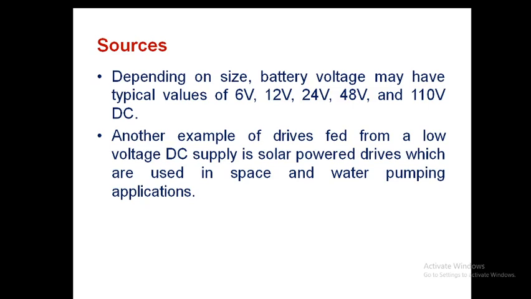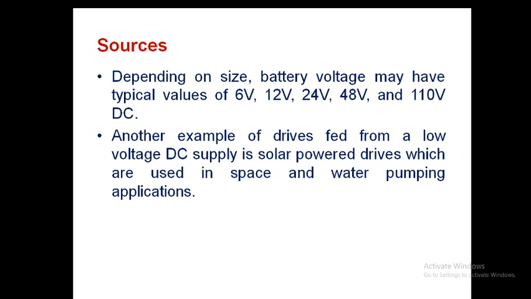Another example of drives fed from a low voltage DC supply is solar power drives. These need to be driven with solar panels, which are used in space and water pumping applications. In space, we use solar panels to drive the aircraft.